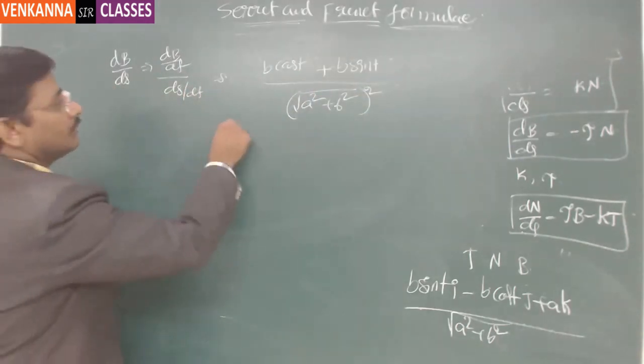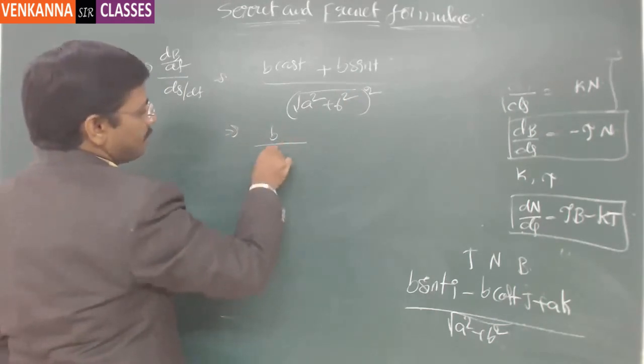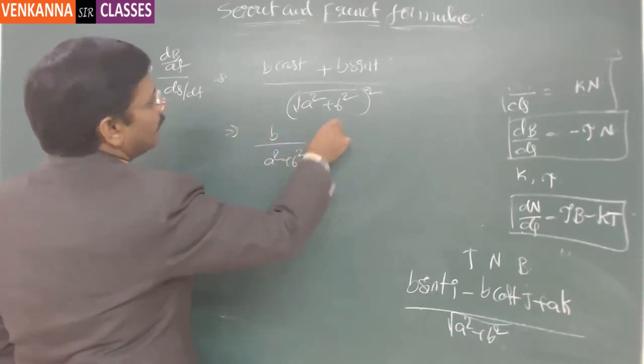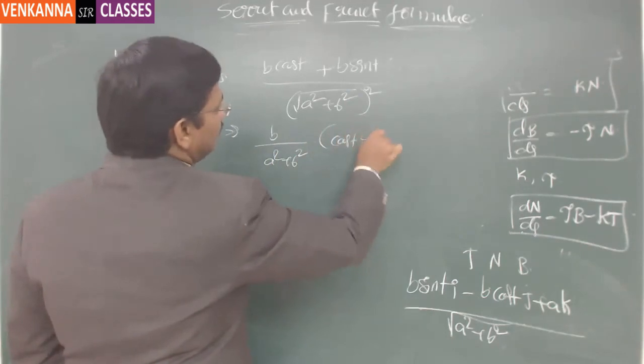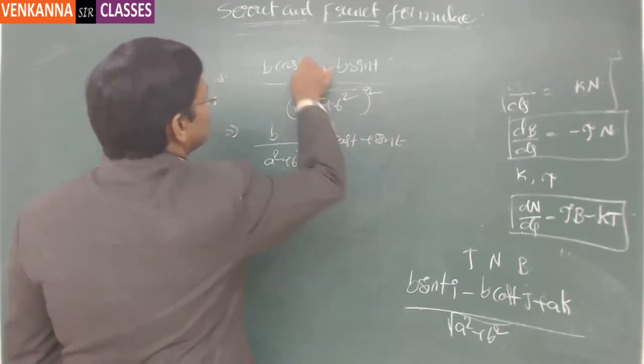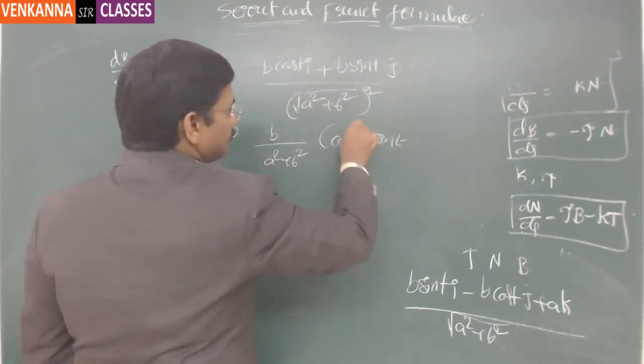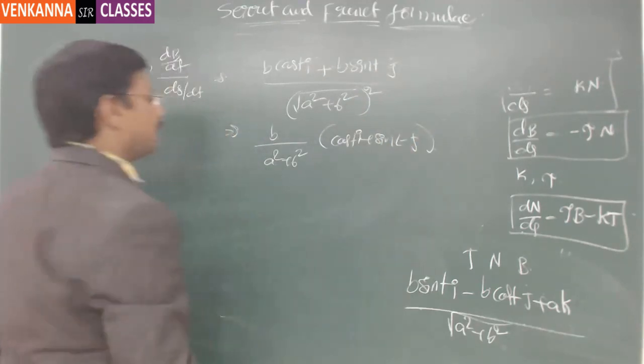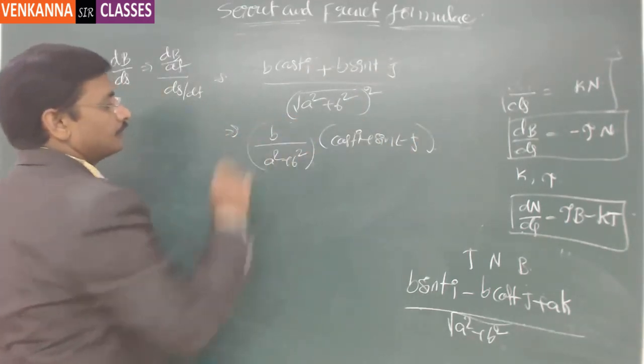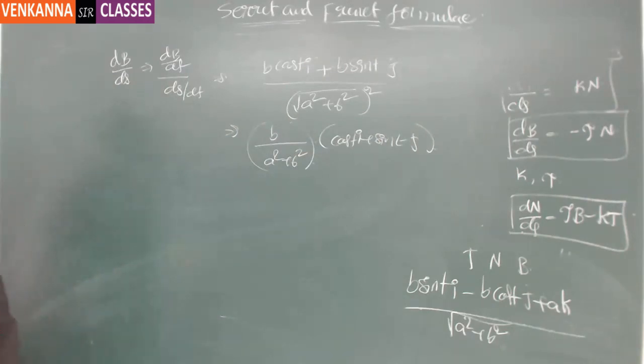So this can be called b by a square plus b square multiplied by cos t plus sin t. This is i and this is j, right? So this is the tau value. Clear? Any questions?